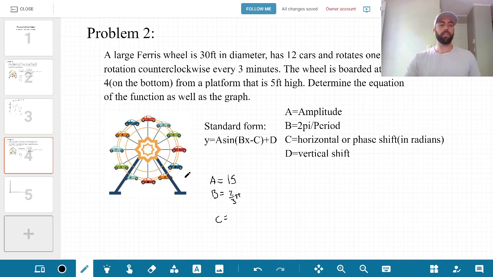C is the phase shift. Now we want to start at 0. So the sine wave normally starts here, but we want to move it back here. So how far is this shift on a unit circle? It's pi over 2. Because if the whole circle is 2 pi, it would take 4 pi over 2's to make it all the way around. So this shift backward is pi over 2.